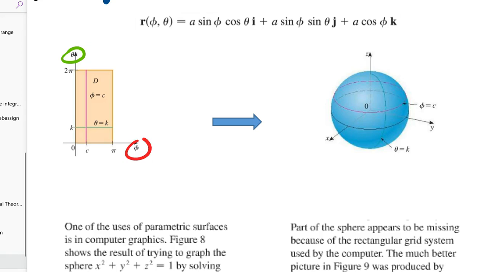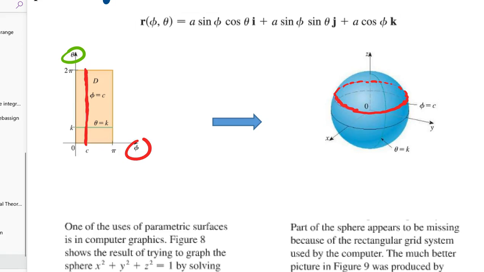So when phi is a constant, like this, let me use red, we should get a constant over here. It turns out that when phi is a constant, we get latitude lines. Remember, the way you remember is it's a ladder. The latitude lines form a ladder as you walk up.